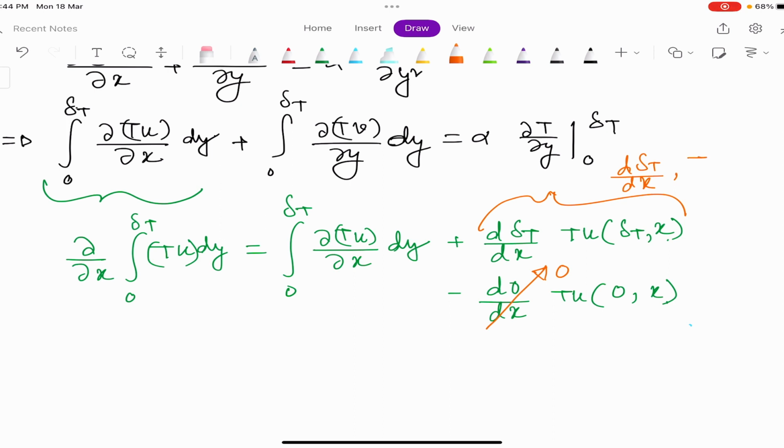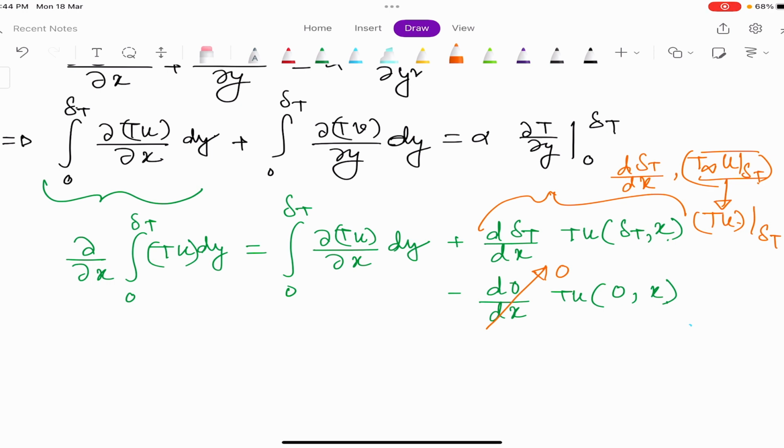T at delta t is T infinity, but u at delta t is not u infinity, so we write this total term as T infinity times u at delta t.